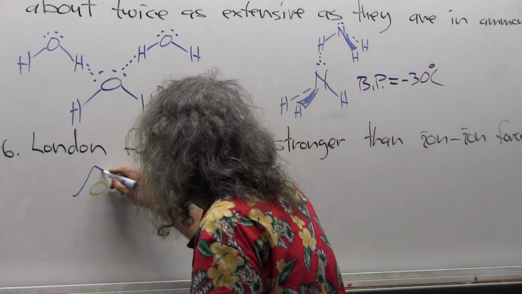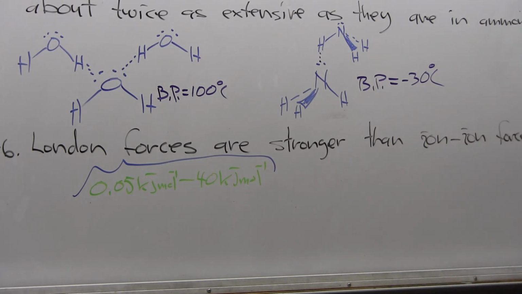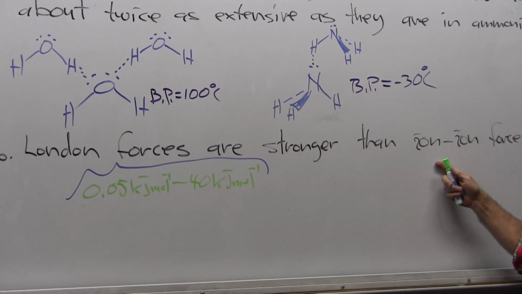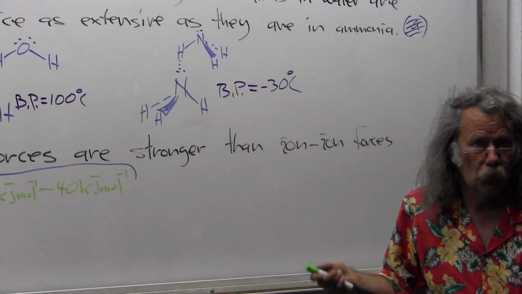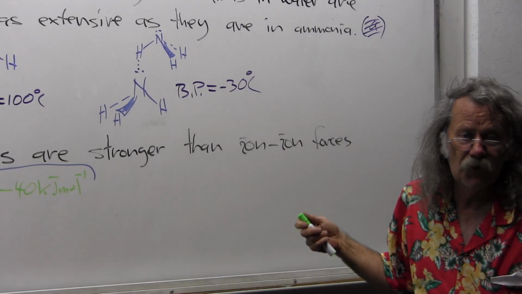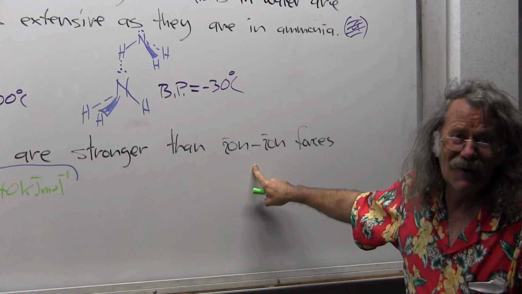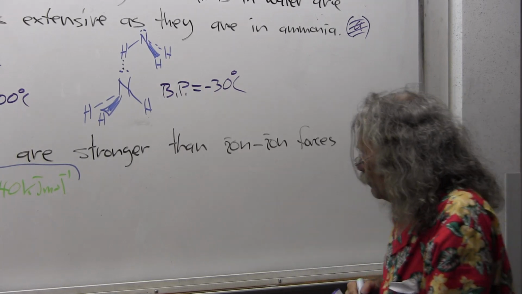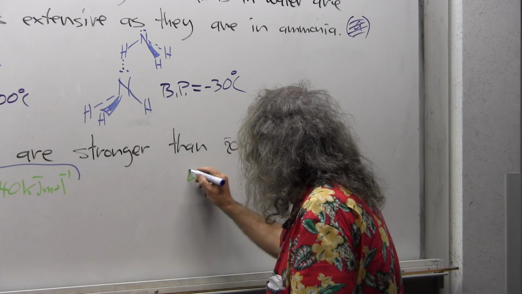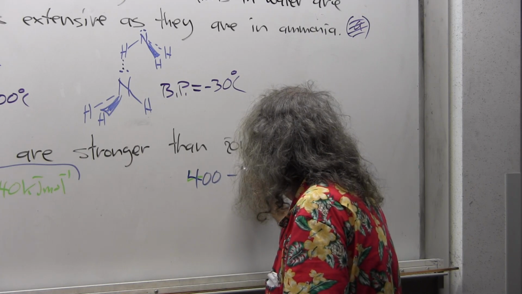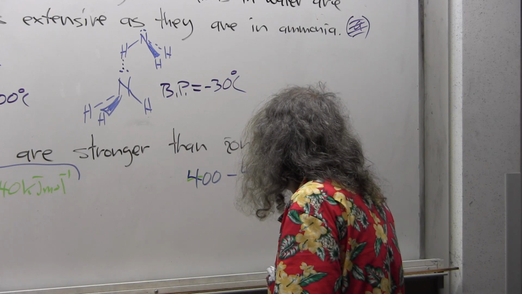Now, ion-ion forces. This is what's responsible for salts forming together, and this is an ionic bonding interaction. This is not an intermolecular force. This is a bonding interaction, and this has a magnitude of around 400 to 4,000 kilojoules per mole.